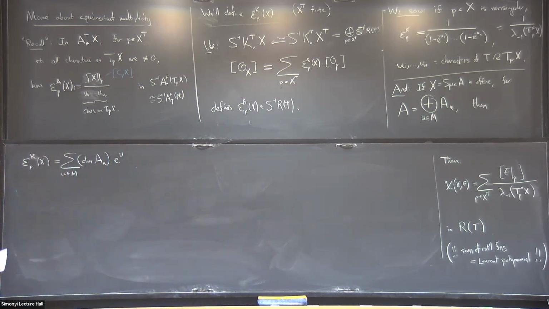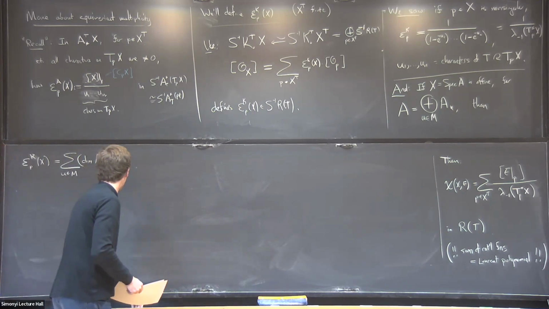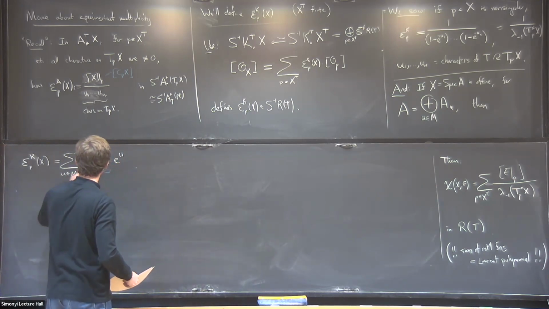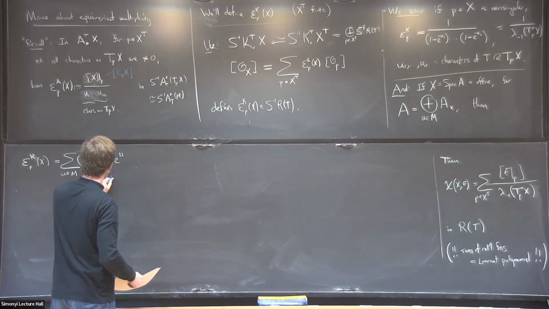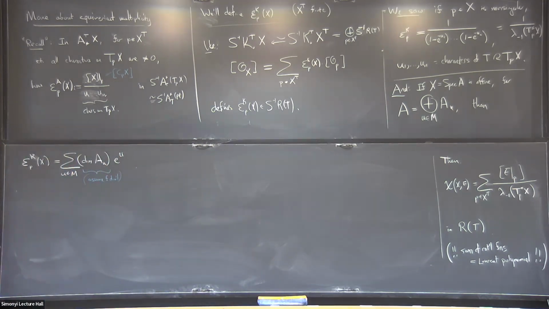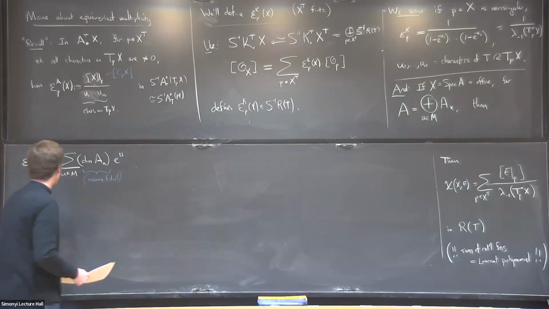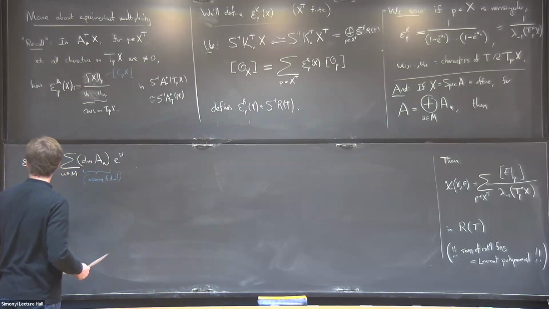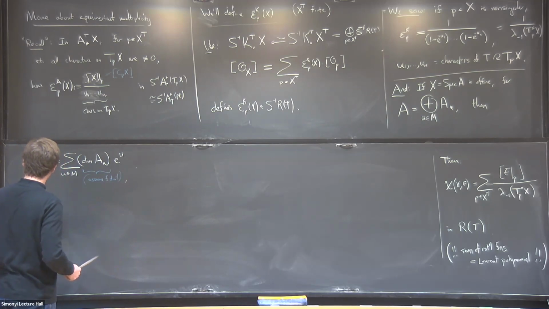Now, there's some hypothesis needed in order to make this work. We need to assume, for example, that these are all finite dimensional. There's some hypotheses that will guarantee that. So this is one manifestation of equivariant Hilbert series.